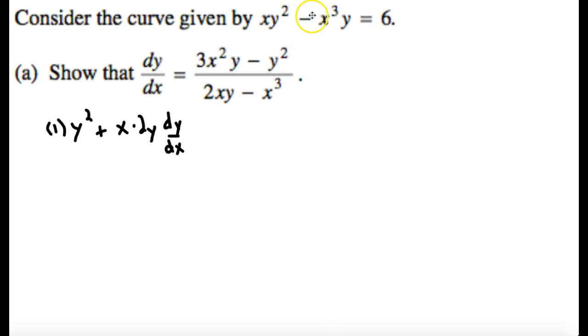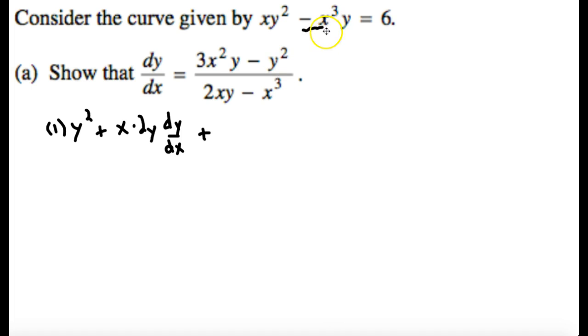So this minus sign, we can do one of two things. We can either think about this as negative x cubed as my f, or I can just subtract this whole thing. I like to think about this negative x cubed as being my f. I think it's easier to keep signs straight, and then the y is my g.